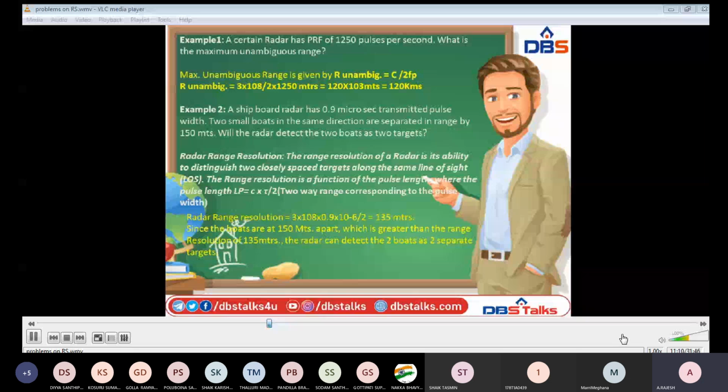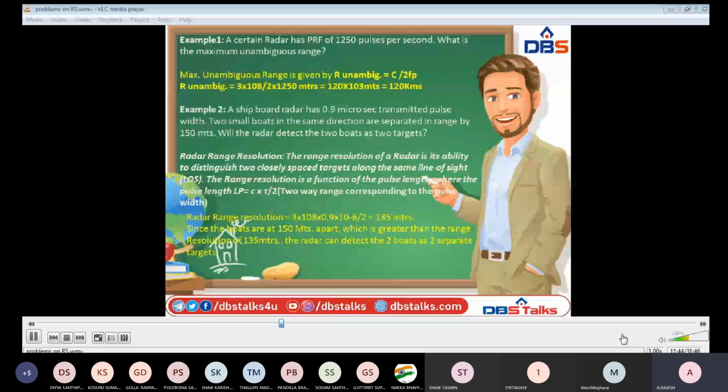Since the two boats are 150 meters apart, which is greater than the range resolution, the radar can identify them. Here the range resolution is only 135 meters, but the boats are at 150 meters, which is greater than the range resolution of 135 meters.